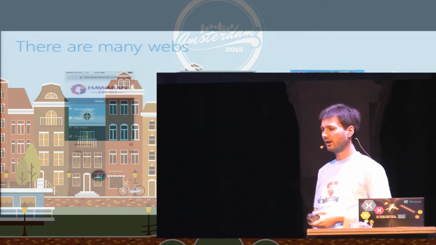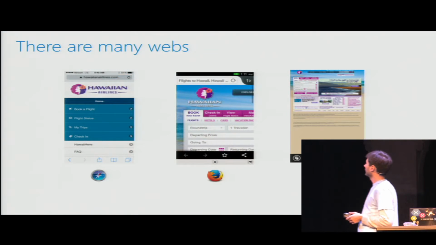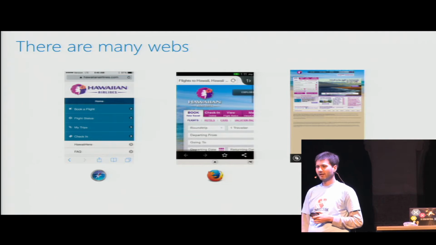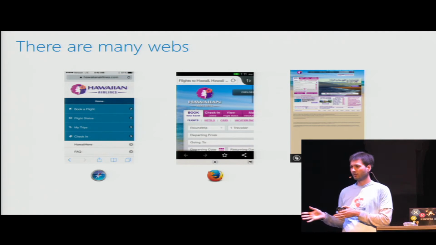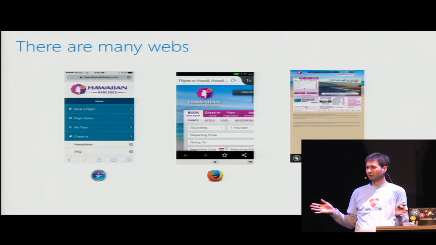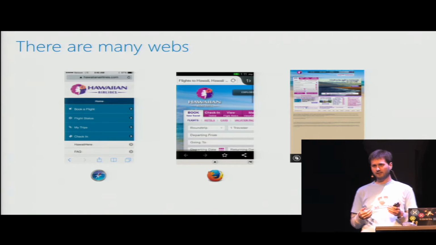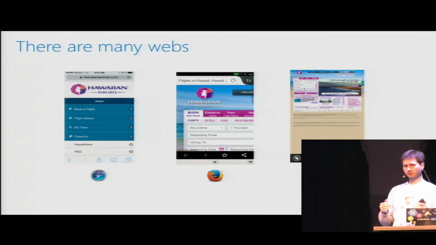We found this when we started our work for the new browser in Windows 10, and we checked out different websites on different browsers. This is a real-world example where we found that on mobile Safari, mobile Firefox, and mobile Internet Explorer, those websites look completely different. But this has different reasons, and there are different approaches to fix this.